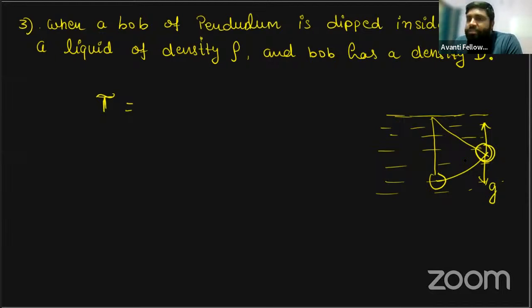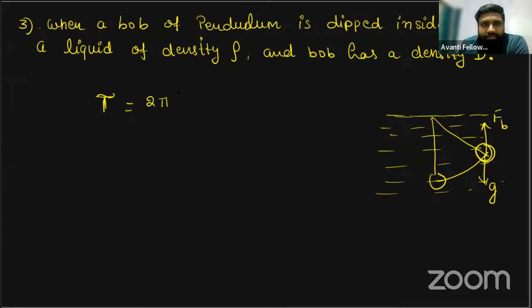So the effective g we have to take. I am not saying that I am considering FB as a variable force. No. But FB constantly reduces the amount of g. So that is why the g effective we have to take in the time period of simple pendulum.